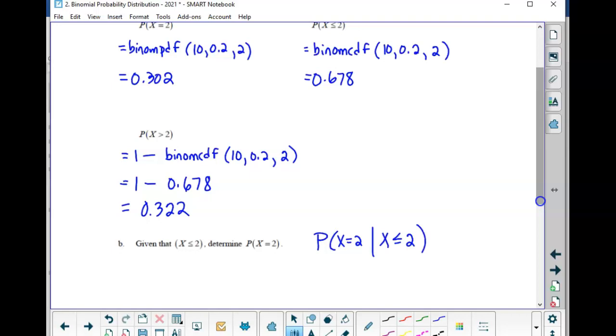Okay, remember back. That formula for conditional probability is in your data booklet, so you can look that up. I always remember it in fraction form, but they don't always give it in fraction form.